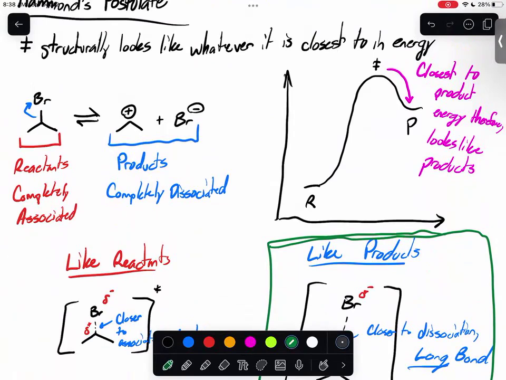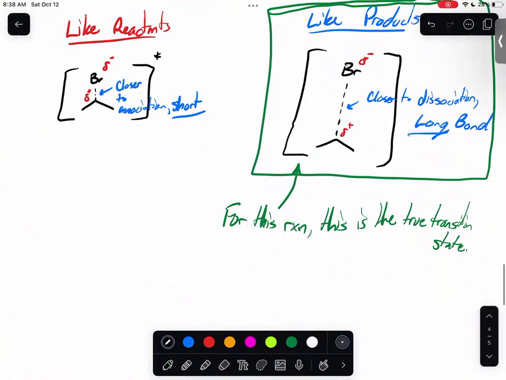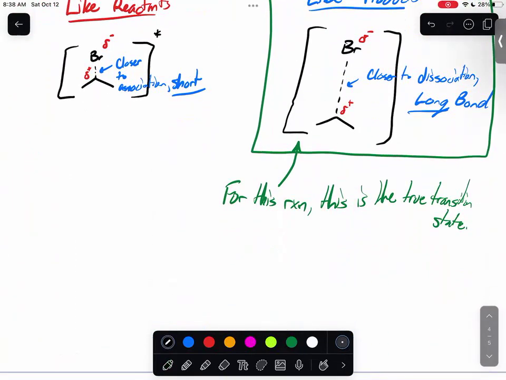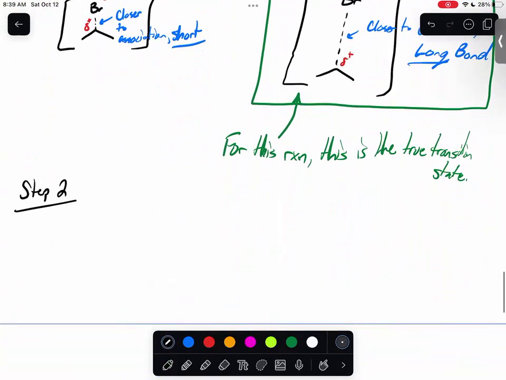So let's do this exact same thing, but think about step two, right? Because this was a two-step process. Remember, each transition state represents a different step. So step two of this, I will remind you of because it was drawn up top, is when the water comes in, grabs that proton, and then you form the alkene.